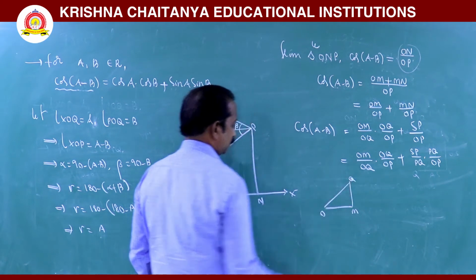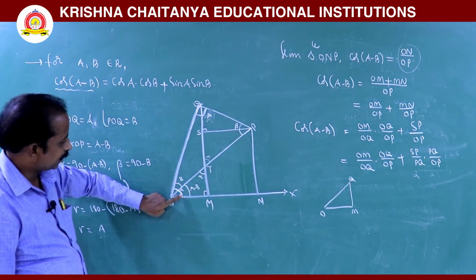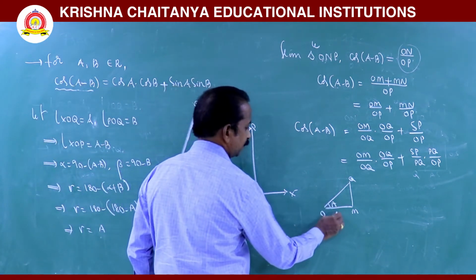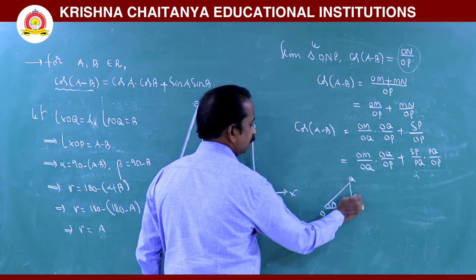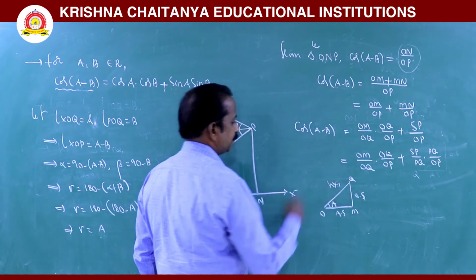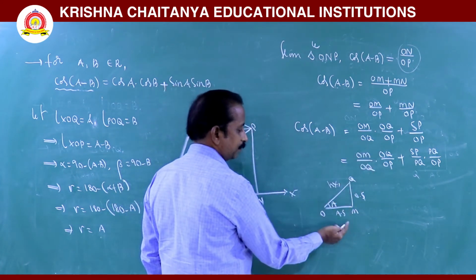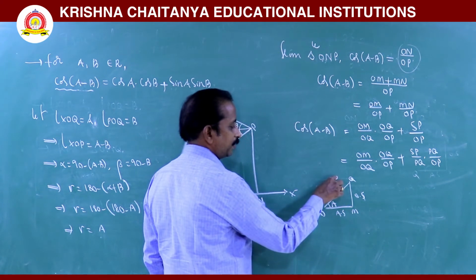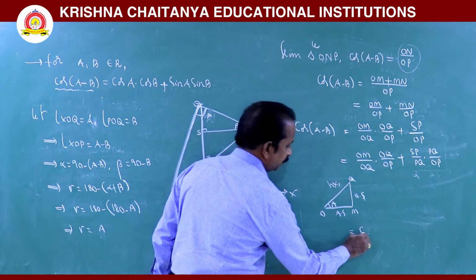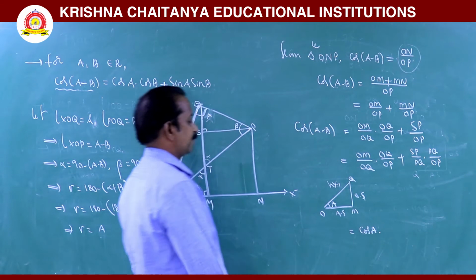The measuring angle at O should be capital A. We know that this is the adjacent side, this is the opposite side, and the remaining one is the hypotenuse. So OM by OQ, the ratio of adjacent side to hypotenuse, gives us cosine. So this is cos A into OQ by OP.